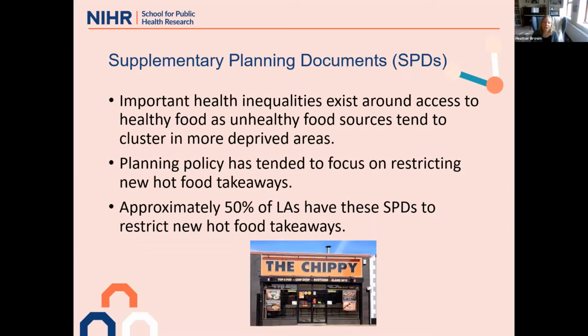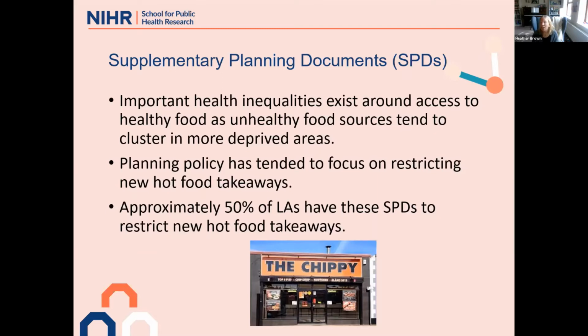What is known is that important health inequalities exist around access to healthy foods. We do know that unhealthy food sources tend to cluster in more deprived areas, and that this may be a contributing factor to health inequalities. Given the existing evidence, planning policies tend to focus on restricting new hot food takeaways. Hot food takeaways are food outlets where the primary business is the selling of food to be consumed off the premises.